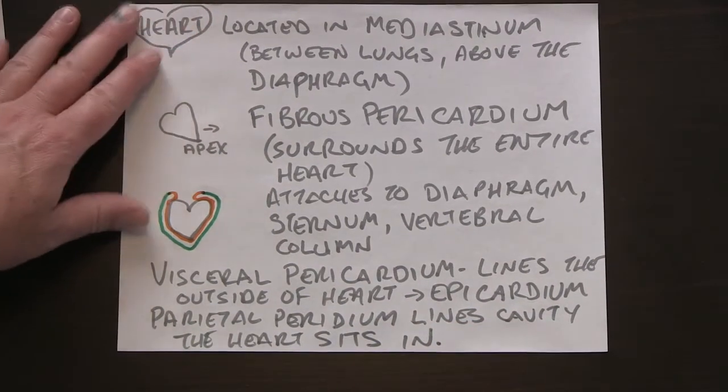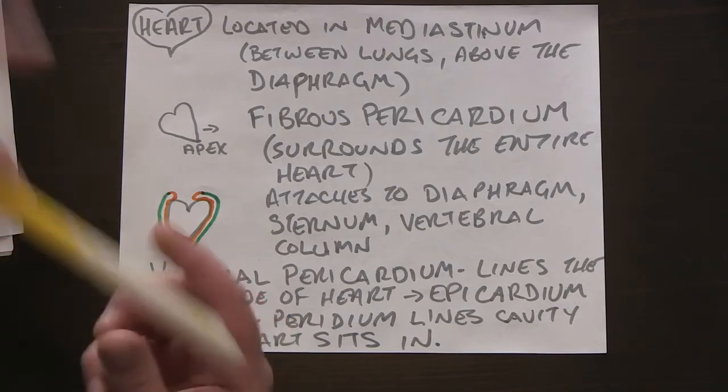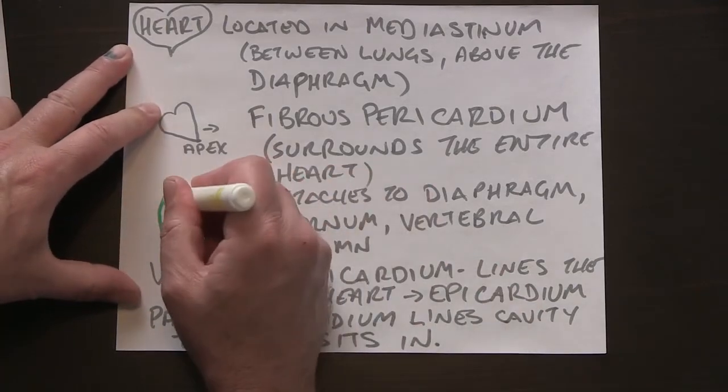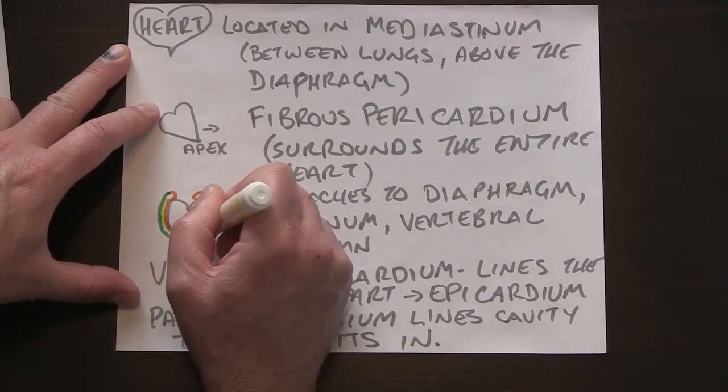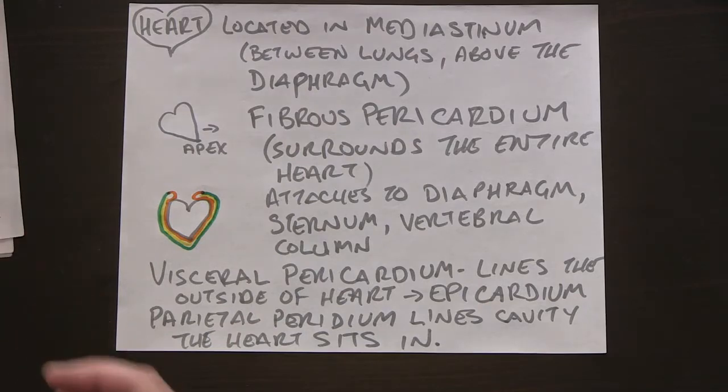Okay. And so in between that space, those two layers secrete serous fluid, and it acts like lubrication so that when the heart pumps, again, like I described, it doesn't rub itself raw, is the way I describe it.